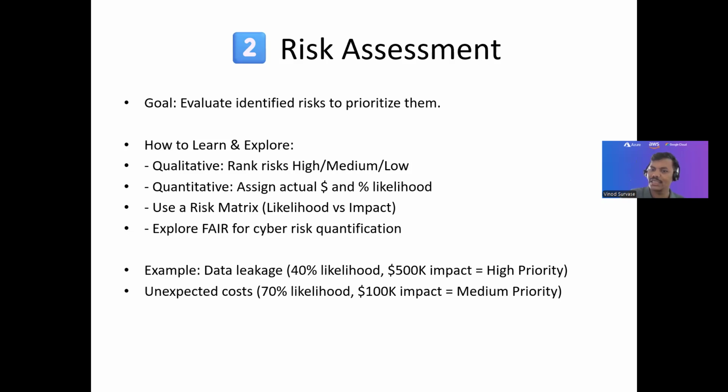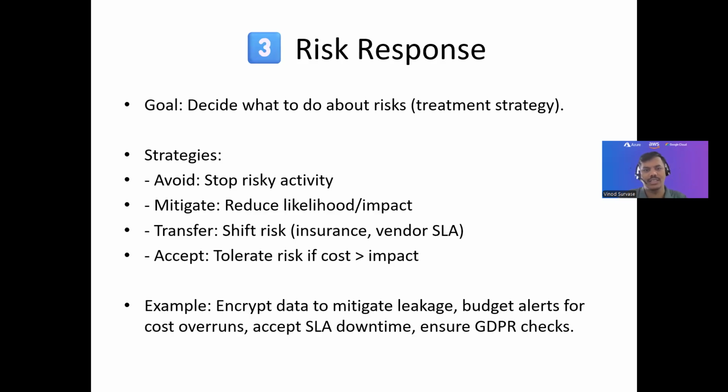So responding is something where you would work with the respective teams to implement the controls, mitigate those risks, and make sure the platform, organizations, and everything are safe and secure. So this is a risk response, where you would decide what to do about this risk, a kind of treatment strategy, where you need to take the appropriate approach, whether it is avoiding, mitigating, transferring, or accepting, right?